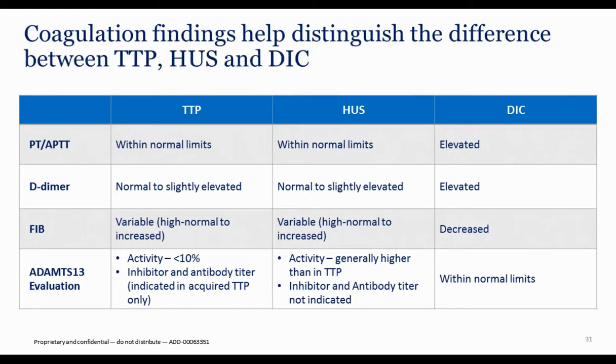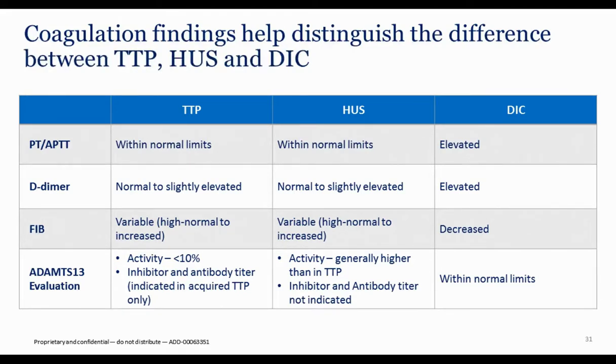When we look at the fibrinogen assay, the value for the fibrinogen will range from high normal to increased in patients with TTP as well as patients with HUS. However, in DIC, the fibrinogen level is decreased. So this low fibrinogen would help us to differentiate DIC from TTP and HUS.